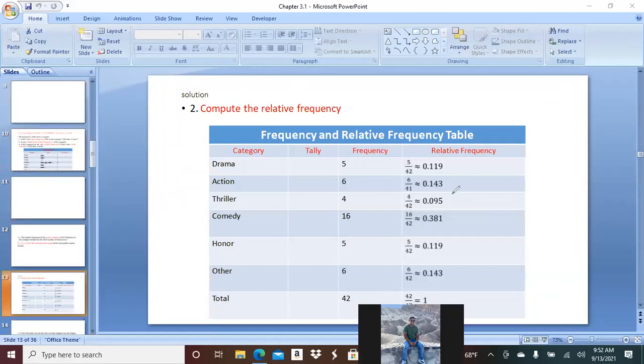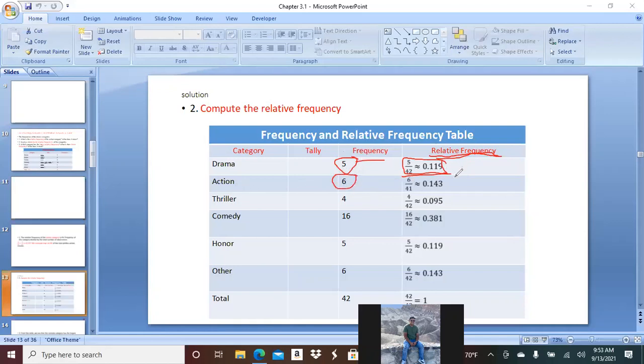Any question about finding the relative frequency? Professor, what is the difference between the tally and the frequency? This is relative frequency. This is frequency. Frequency is the number of observations, right? Relative frequency is the percent. Frequency is a number.